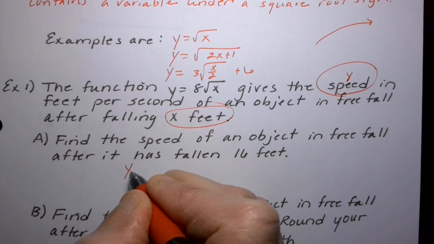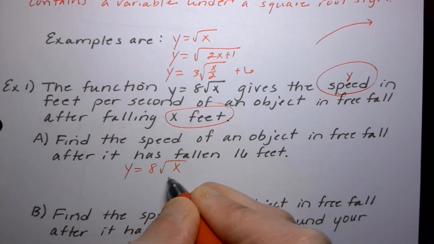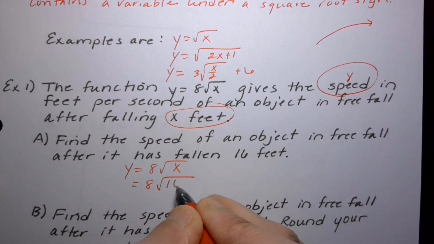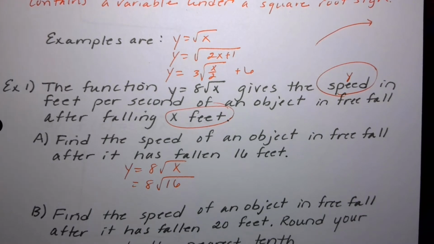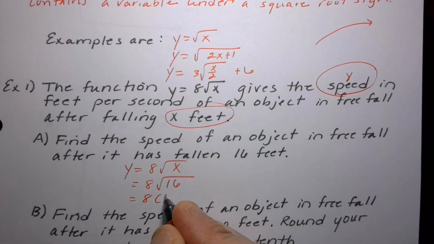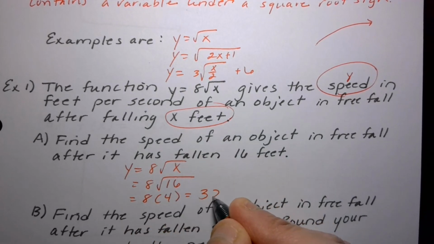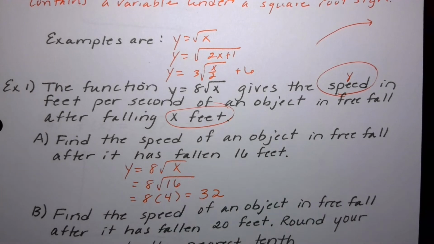So we go ahead and grab the function they gave us and we put in 16 for x. Now remember, when you're evaluating these, there's a multiplication between these two. And we know the square root of 16 is 4. So my answer is 32. And what would the unit be?